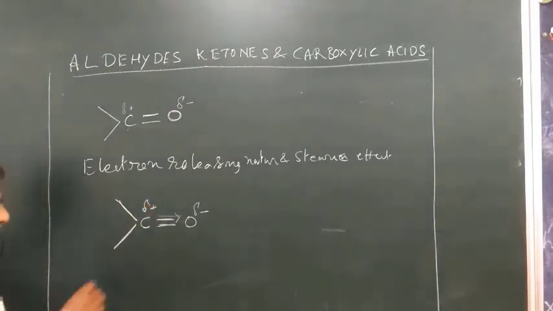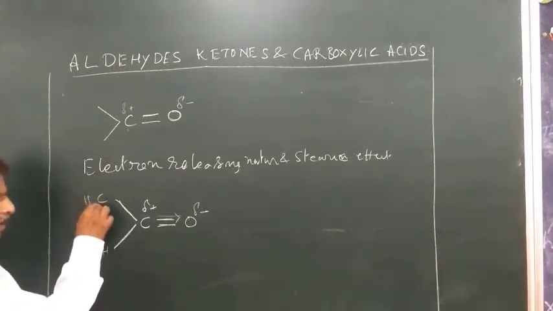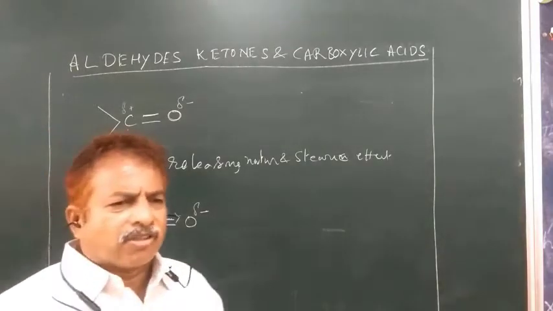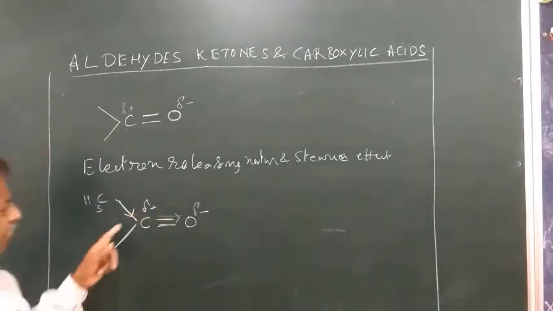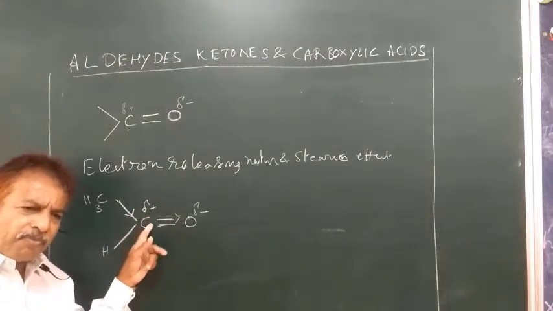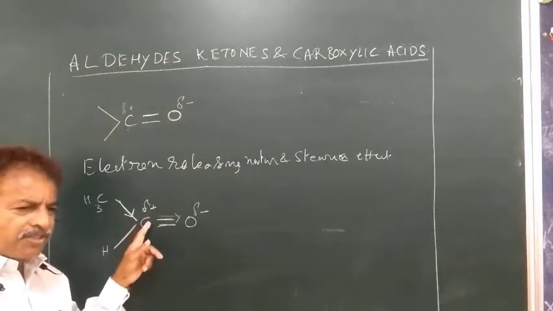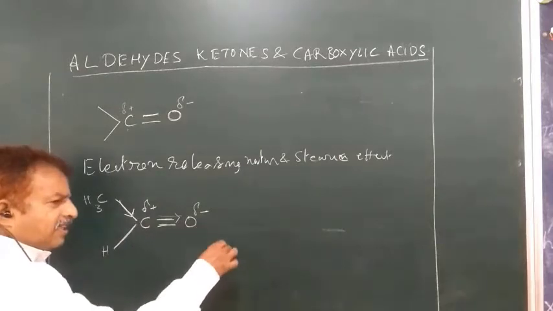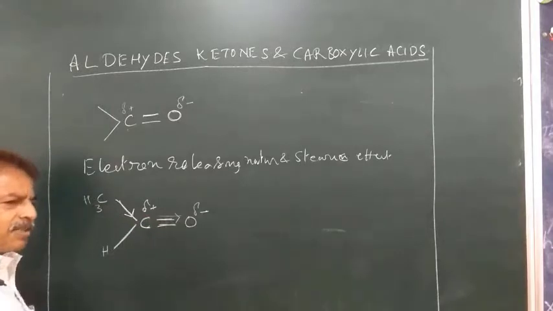If it is an aldehyde, it has one alkyl group. We know that alkyl groups are electron releasing groups, therefore electron density is pushed towards the carbon atom. Due to this, the partial positive charge on the carbon atom decreases. As the positive charge decreases, nucleophilic addition becomes less.